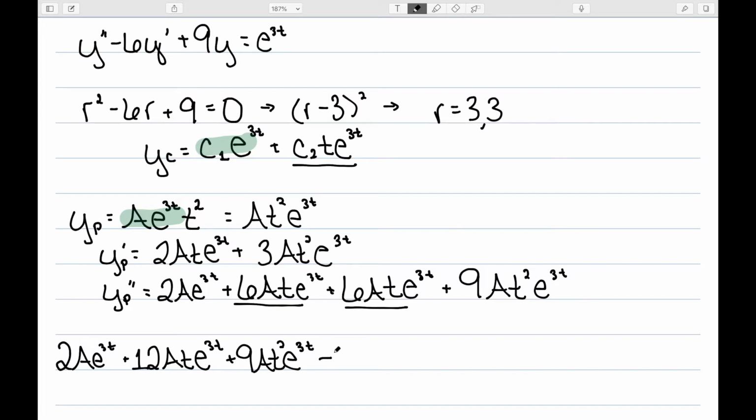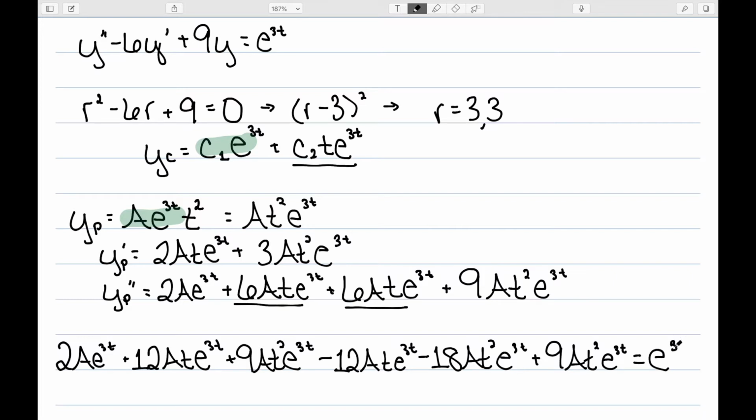So 6 times 2 is 12, so that's minus 12a t e to the 3t. And minus 6 times 3 is minus 18 a t squared e to the 3t. Plus 9y, so that would be 9 a t squared e to the 3t. And this should be equal to just e to the 3t.